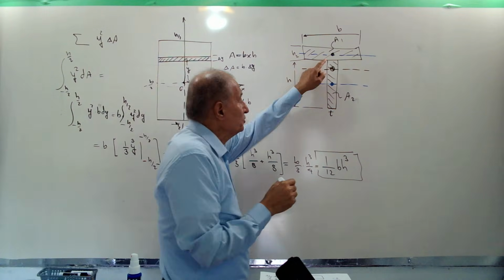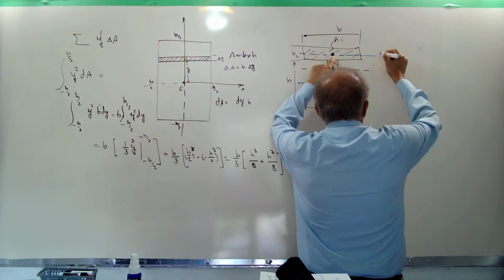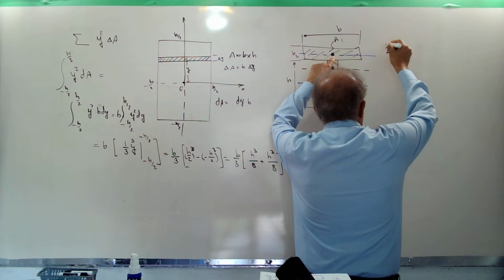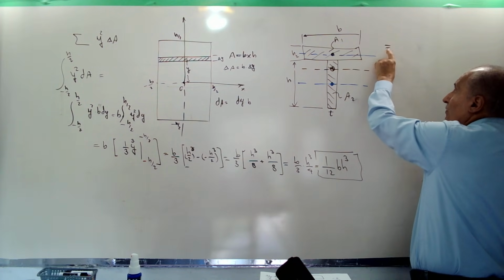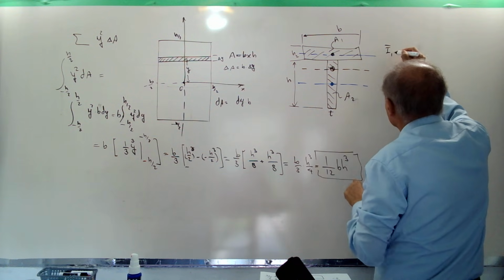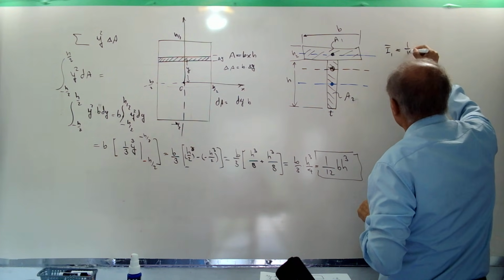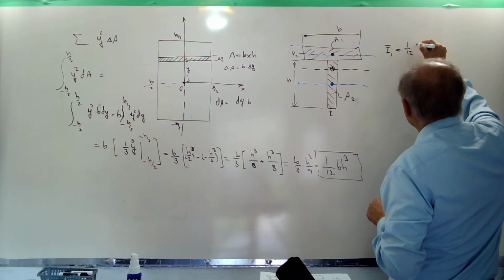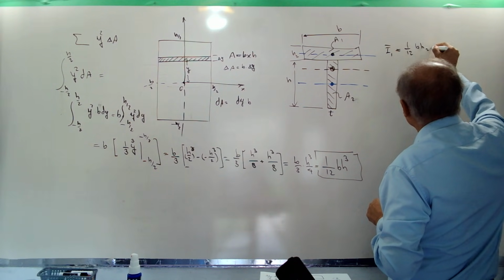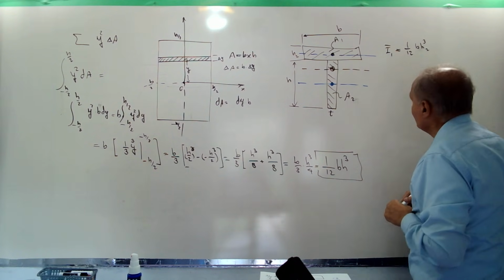Then the moment of inertia of the top rectangle is I1 bar around its centroidal axis. We show it I1 bar is equal to 1/12 that we calculated here, b h2 cubed.